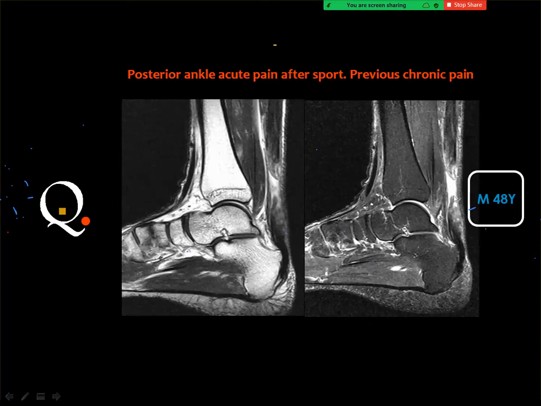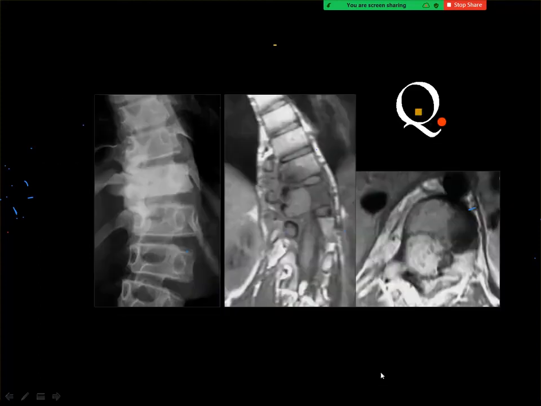Is it fluid or blood or fat? And this information is no more of value, but all that is needed is to measure the gap and to measure the distance from the cut edge to the insertion site of the Achilles tendon. Then next case.